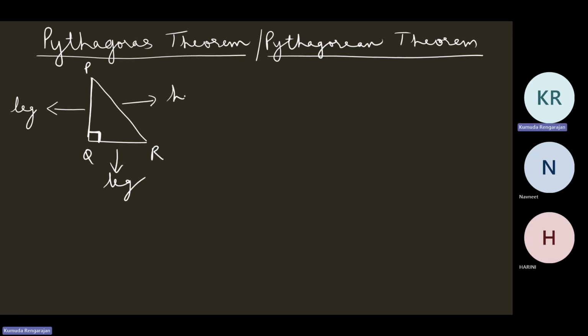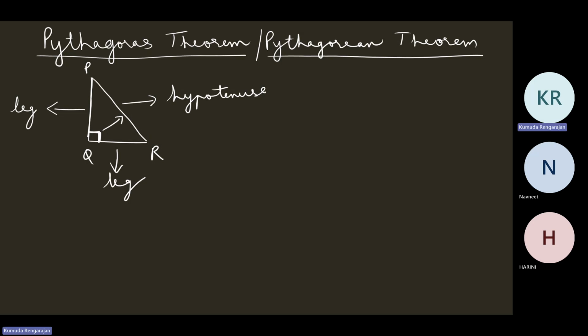And this is called the hypotenuse. That is the side opposite to the right angle. So in a right triangle, the three sides have some special names, right?